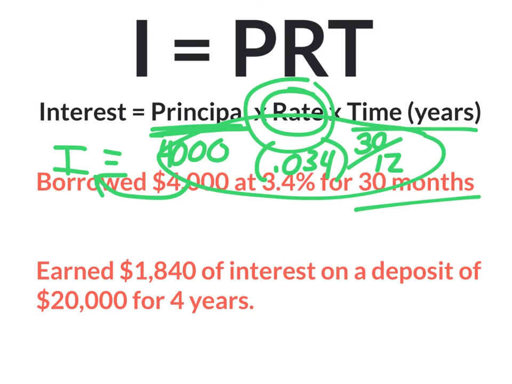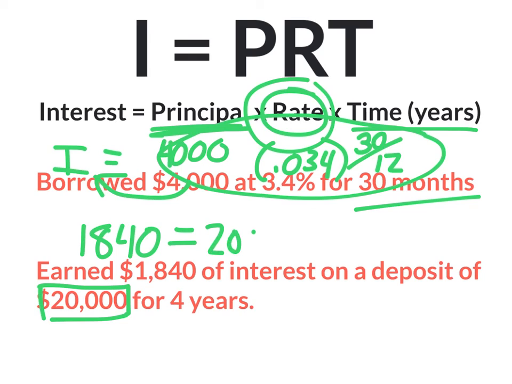Next one, I'm putting money in, and I earned $1,840 of interest. So this time I know the interest. I know my deposit was $20,000. That's the principal. I know my time was 4 years, and it's in years, so I don't have to write it in any weird way. I just don't know the rate.